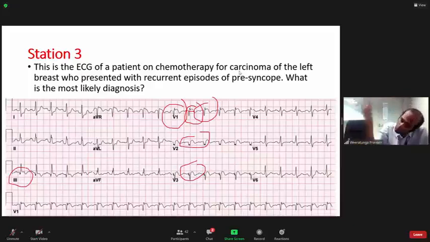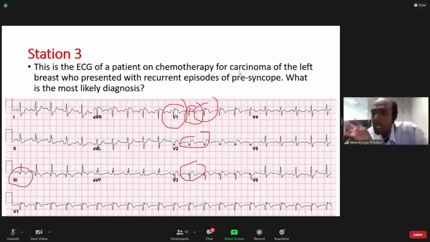When you have something going on in the right ventricular leads, especially ischemic changes, ST elevation, ST depression, it is very, very important to think of pulmonary embolism. This is called right ventricular strain. These are actually ischemia due to strain on the right ventricle.